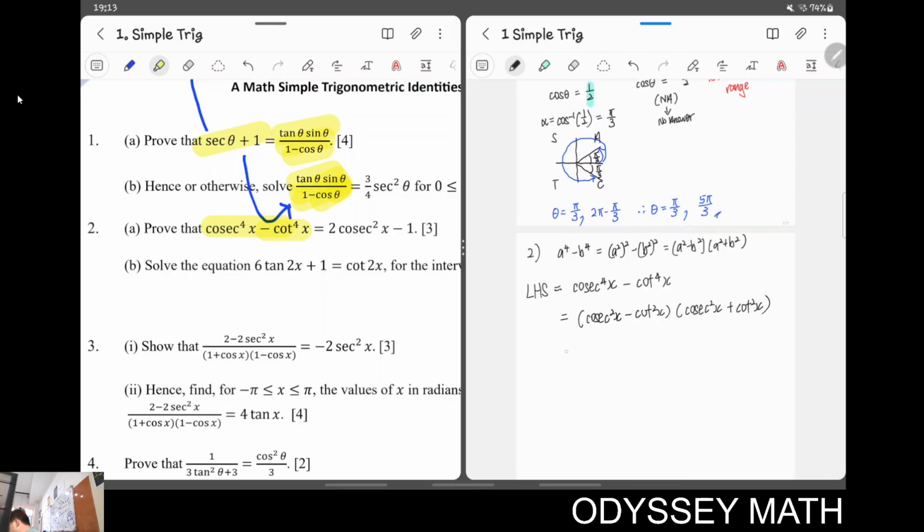So what I'm going to do next is for this expression over here, I'm going to rewrite it as cosecant square is 1 over sine square x, and then cotangent square x is cosine square x over sine square x.